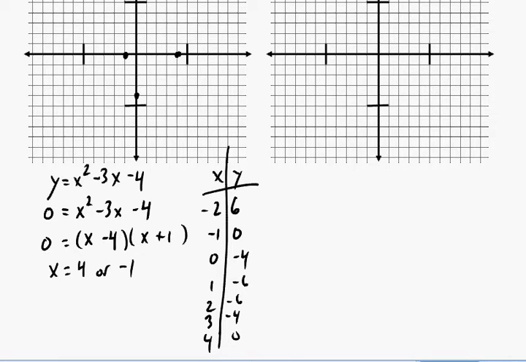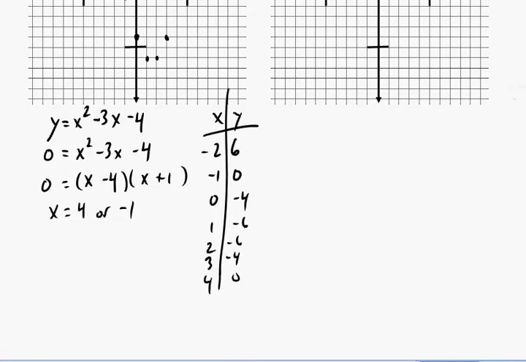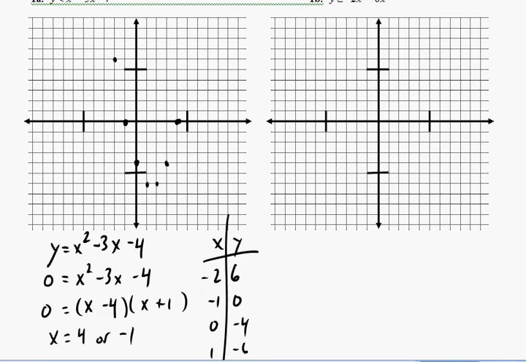So let's plot these points. So let's see here, (1, negative 6) is here, (2, negative 6) is here, (3, negative 4), (4, 0), and the next point would also be (5, 6). (5, 6) would be here.